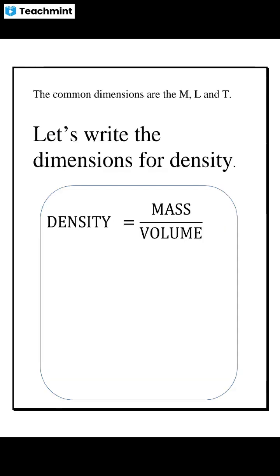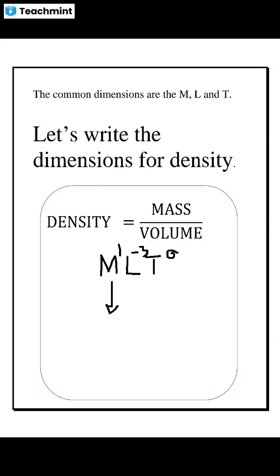If I have M, L, T, I just try to give them values as I want. I give this one 0, this one -3, and this one 1. This is going to be density. How?